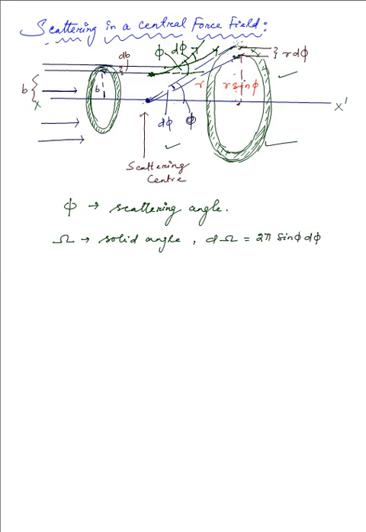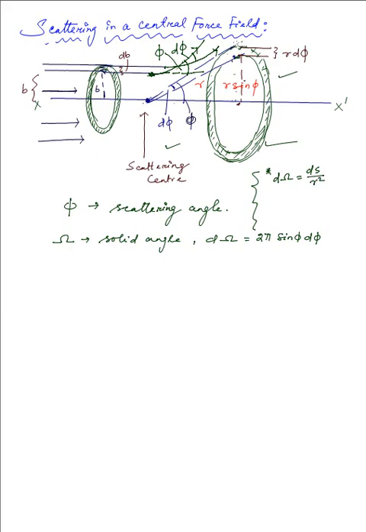Well, where do we get this from? This is obtained from the relation I'm showing over here. We know that d omega, the solid angle, is equal to the area subtended in a given space over r squared, r being the radial distance.